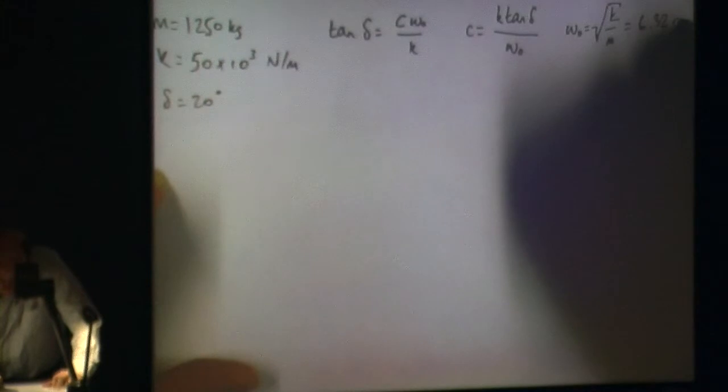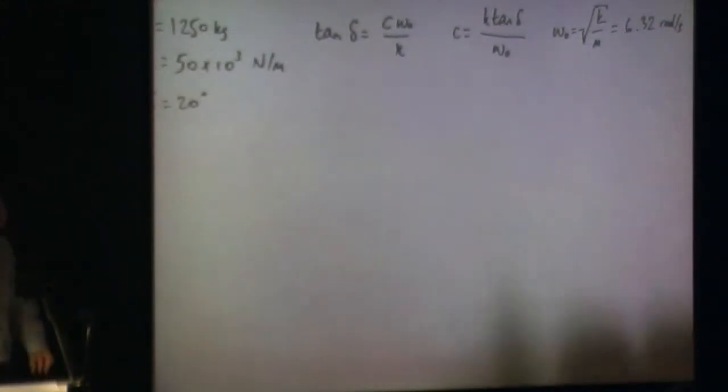Obviously omega naught is root K upon M. We've got K and M, and if you plug the numbers in, you get 6.32 radians per second.